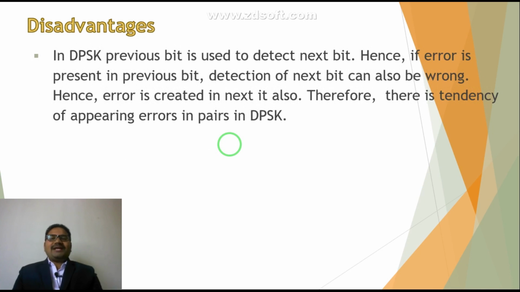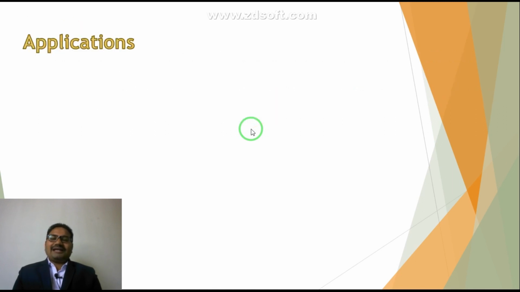Also, in DPSK, as we know, the previous bit is used to detect the next bit. Hence, if an error is present in the previous bit, then the detection of the next bit will also be wrong. So error is created in the next bit and it is carried forward, and there is a tendency of errors appearing in pairs in DPSK.